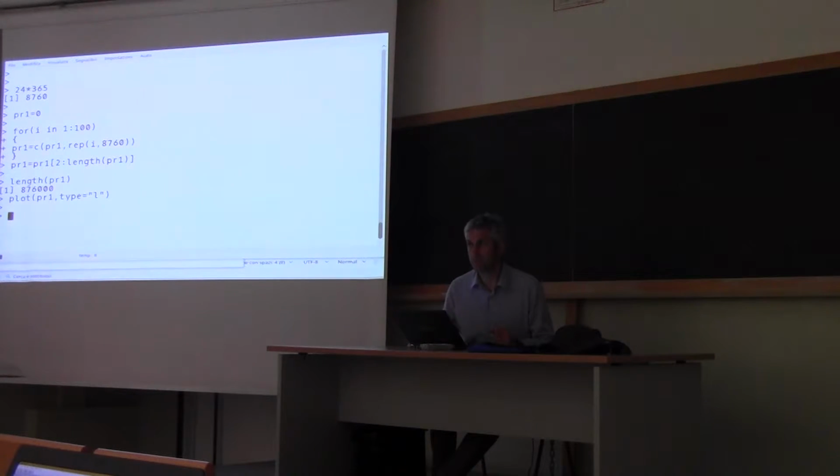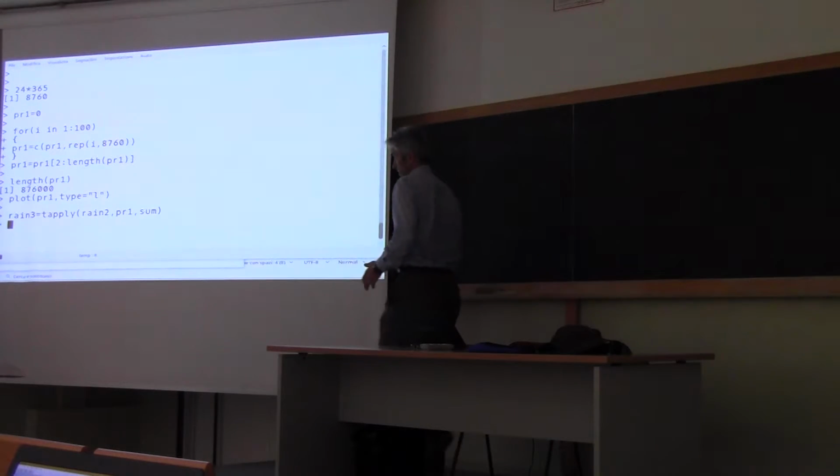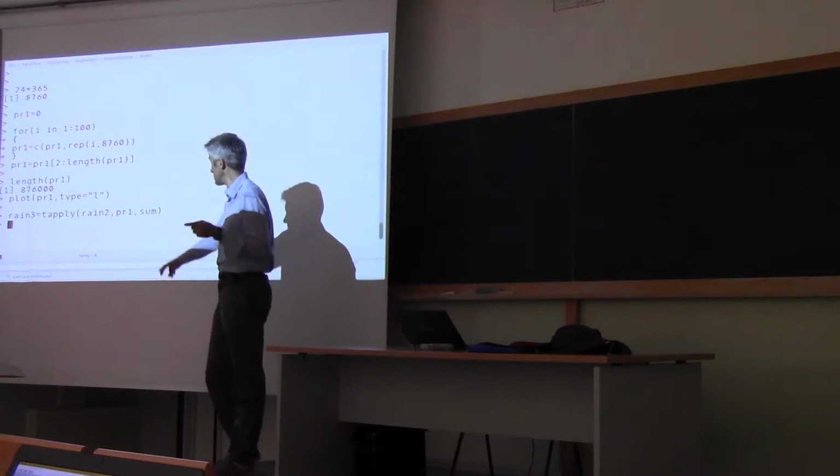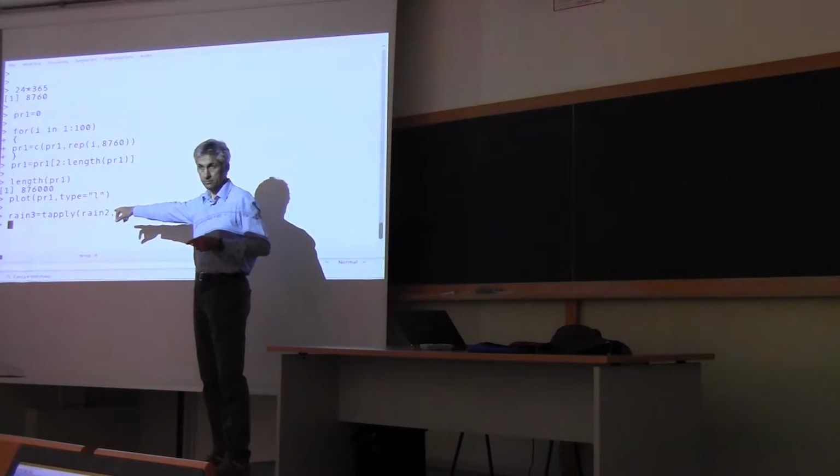And then a very simple application of the apply function. So let me write rain3 is equal to apply rain2 PR1 sum. What I did here is apply a function, the sum, over rain 2.